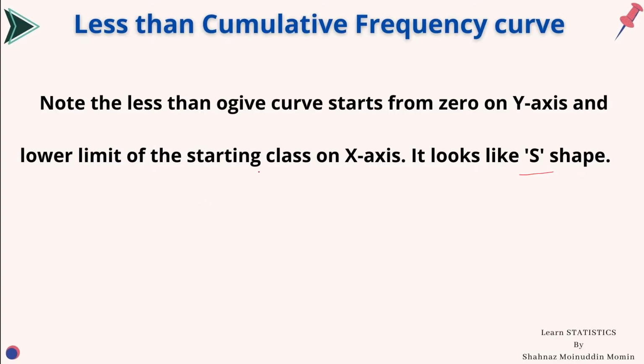Now I shall draw the curve. If we draw the less than cumulative frequency curve with upper limit on the x-axis and less than cumulative frequency along the y-axis, then after joining the points with a smooth curve, it looks like an S shape curve.